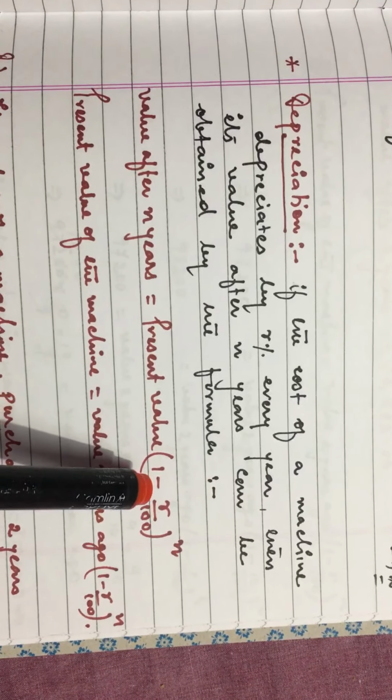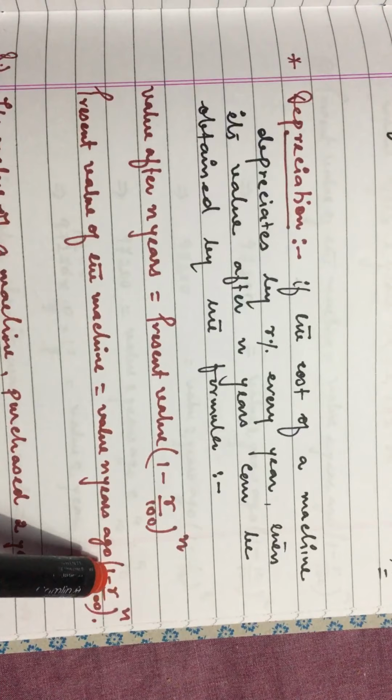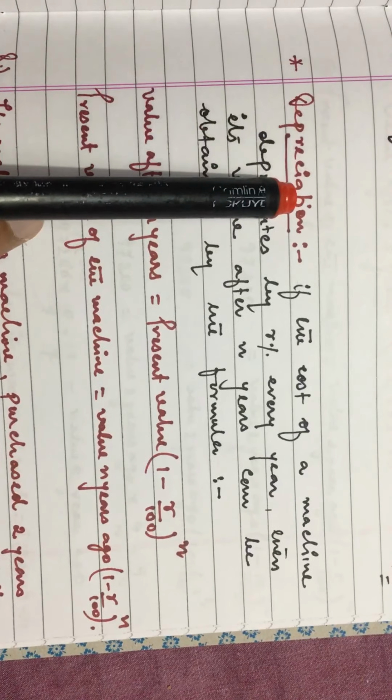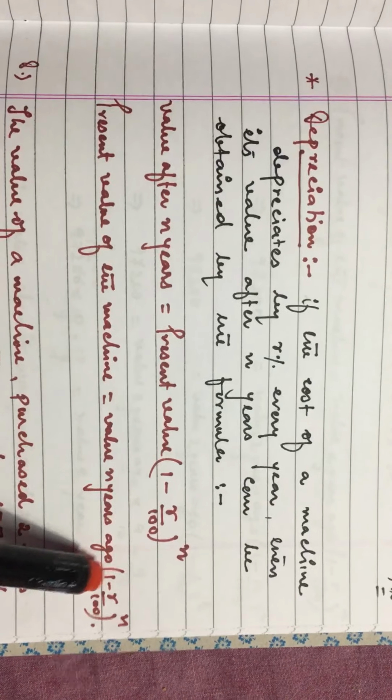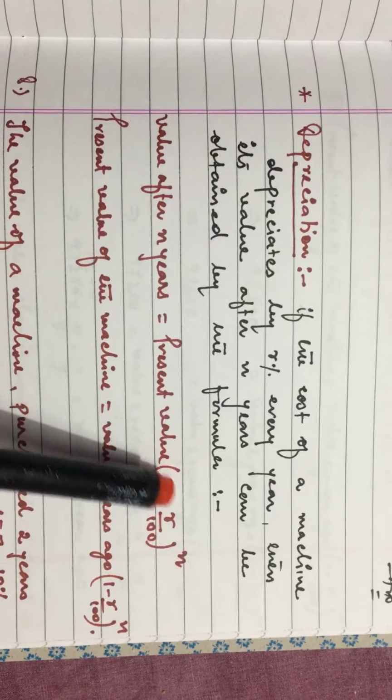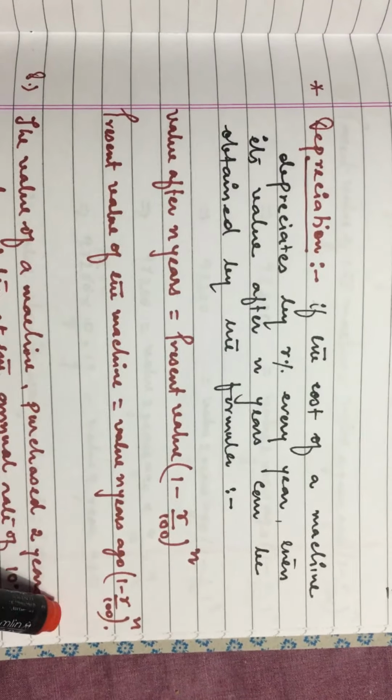In case of growth we put a plus sign in both places, but in case of depreciation in both places we put a minus sign. You have to keep in mind: in case of depreciation, 1 minus r by 100; in case of growth, 1 plus r by 100.